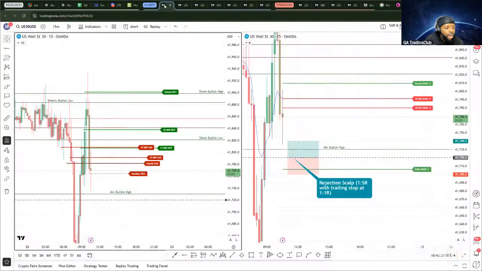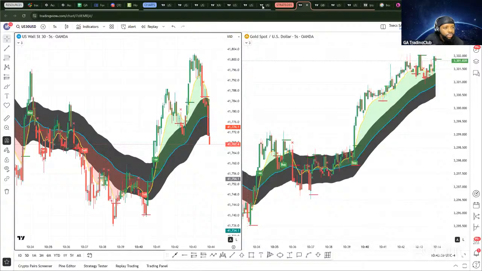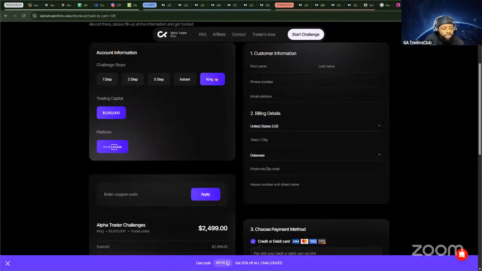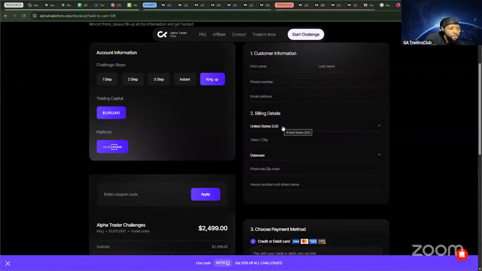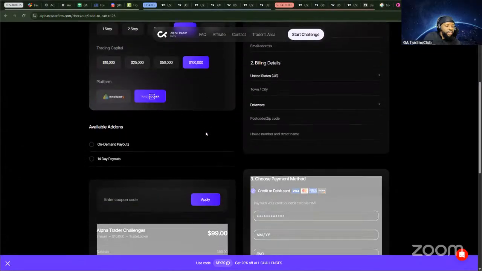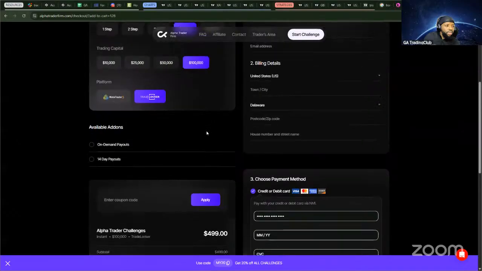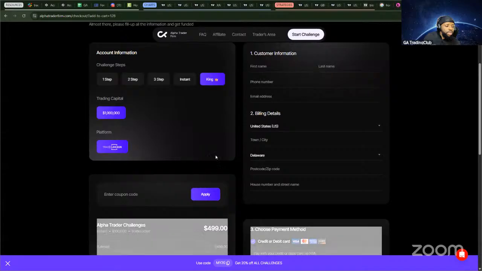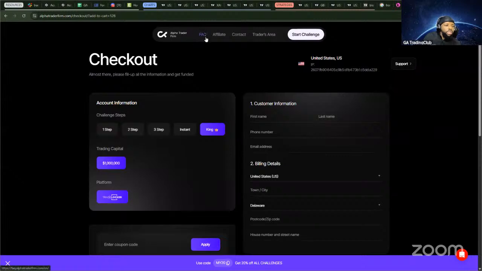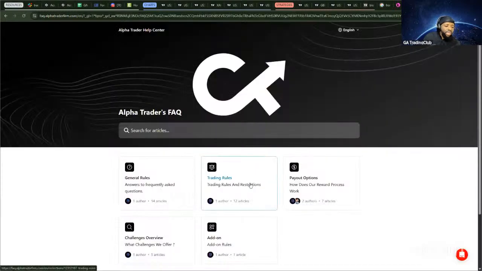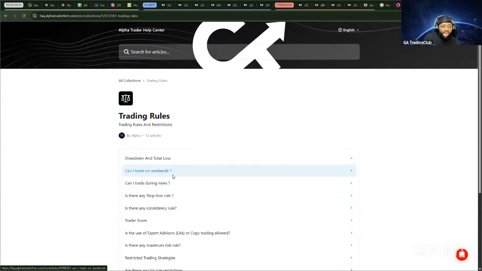Interesting. Where was I? I don't know how many steps they have. Instant funding is... FAQ. I don't think you can copy trade. I was looking at this yesterday and I cannot trade on Trade Locker as my master account.